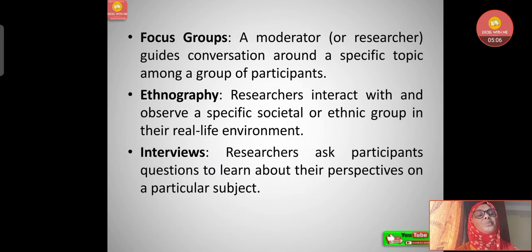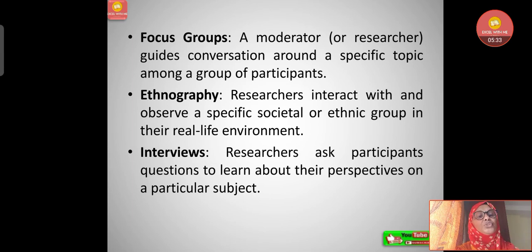Then the focus groups. A moderator or researcher guides conversation around a specific topic among a group of participants. They invite the participants, that is the focus group, and the moderator or researcher guides the conversation with them about the specific topic. Then the third one is ethnography.